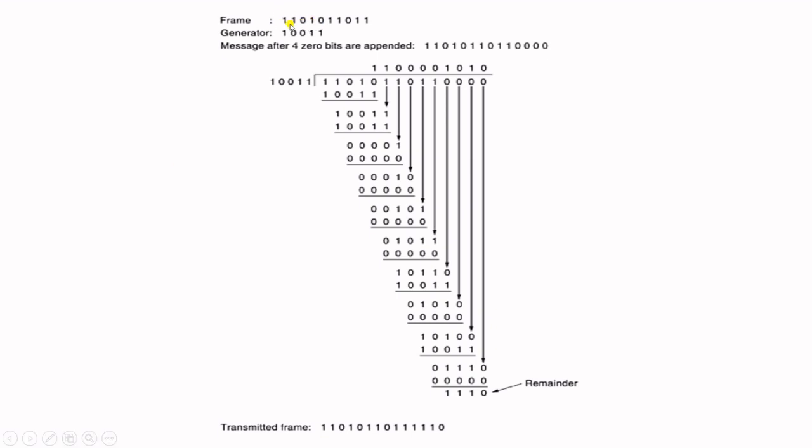This frame we are given in the question, bit stream 1101011011 and the generator polynomial 10011. This is generated after appending the zeros, redundant bits, 4 zeros here. Now, how does this process work?